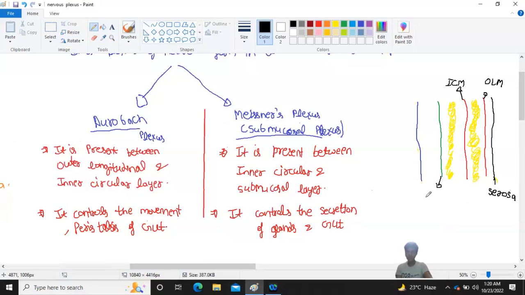This is the submucosal layer, and this is the mucosa. Done. These are the two plexuses. This is Auerbach's, and this is Meissner's.